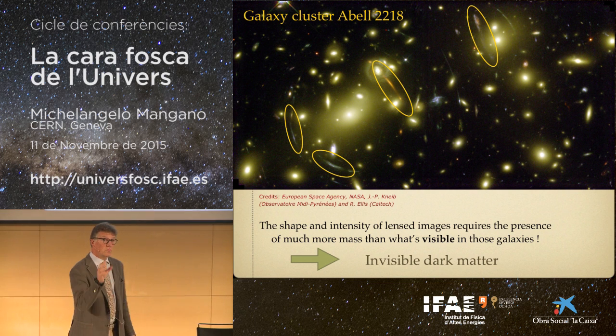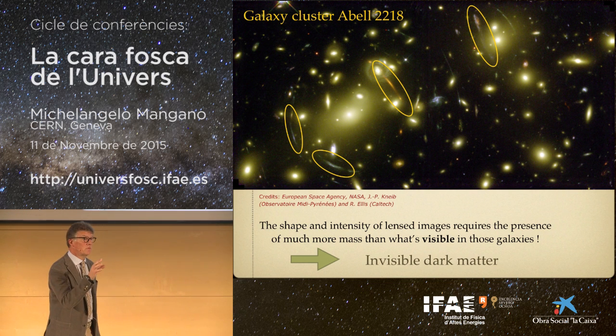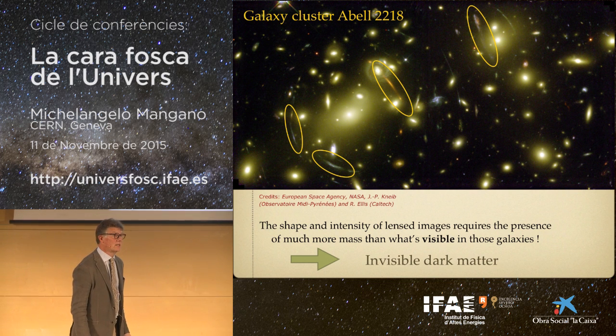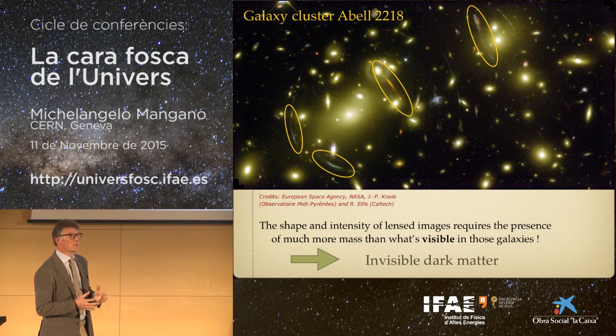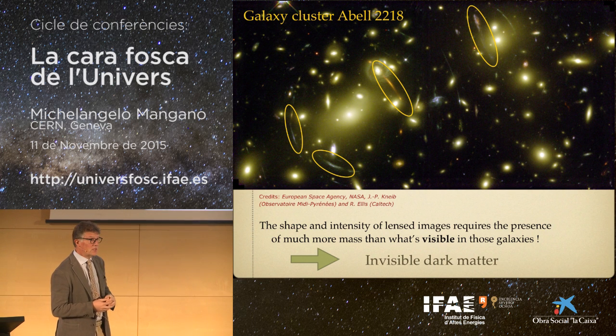So if we look more closely at some of these galaxy clusters, we see phenomena like those depicted in this picture. You see those stretched bands of light. They're not imperfections of a telescope. It's just the lensed image of a galaxy sitting in the far background.